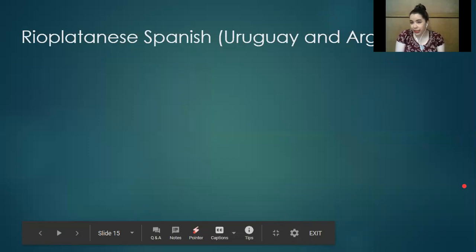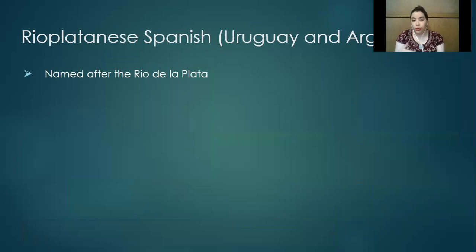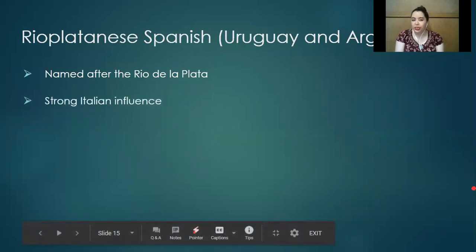Next is Rio Platense Spanish. This is spoken mainly in Uruguay and Argentina. It's named after the Rio de la Plata, which is the river that's kind of the border between these two countries. It has a strong Italian influence.